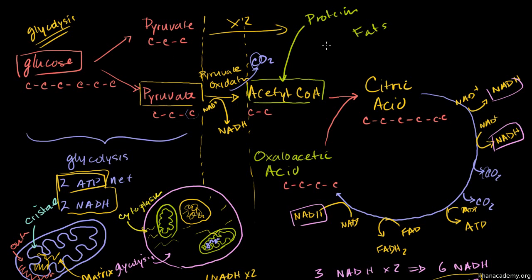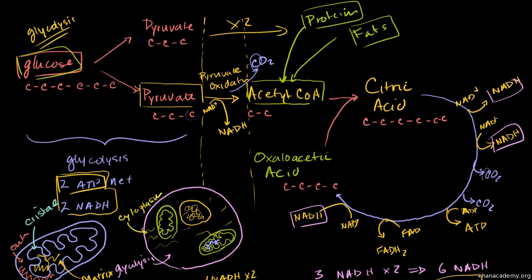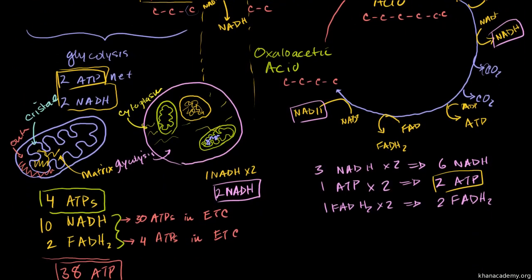But the big picture here is acetyl-CoA is the general catabolic intermediary that can then enter the Krebs cycle and generate ATP regardless of whether our fuel is carbohydrates, sugars, proteins, or fats. Now, I think we have a good sense of how everything works out.